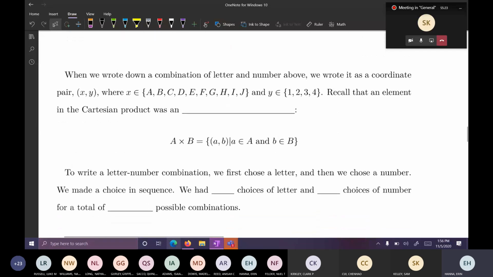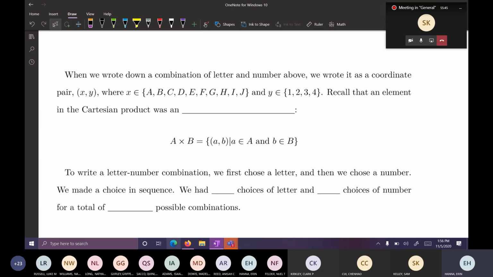When we wrote down a combination of a letter and a number, you would write it as a coordinate pair if we were to list out a bunch of those. So essentially one set is all of the letters and the other set is the numbers that you have to choose from. And remember, way back when we were talking about sets, we had this thing called a Cartesian product.